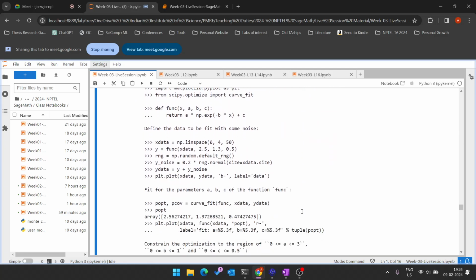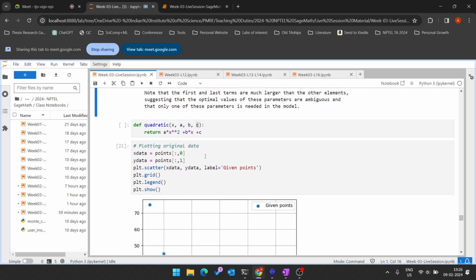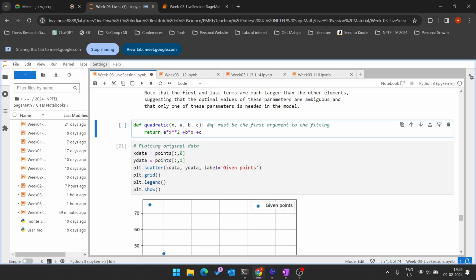So you cannot write, say, f of a, b, c comma x. x must be the first argument to the fitting function. That is how it's written by default. And our function we have taken to be of the form ax squared plus bx plus c.